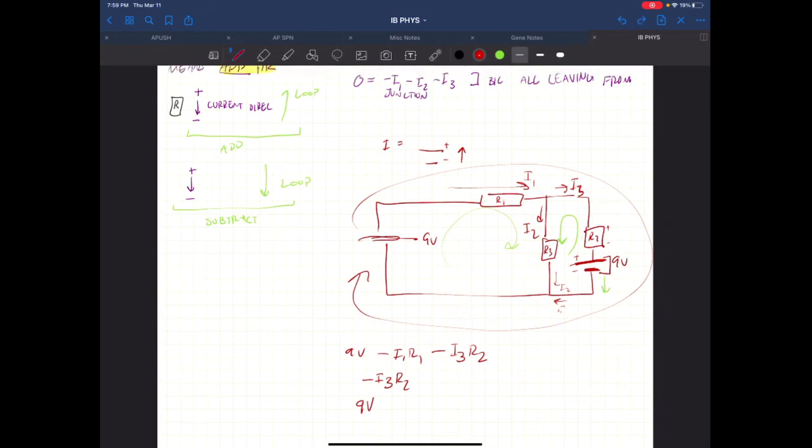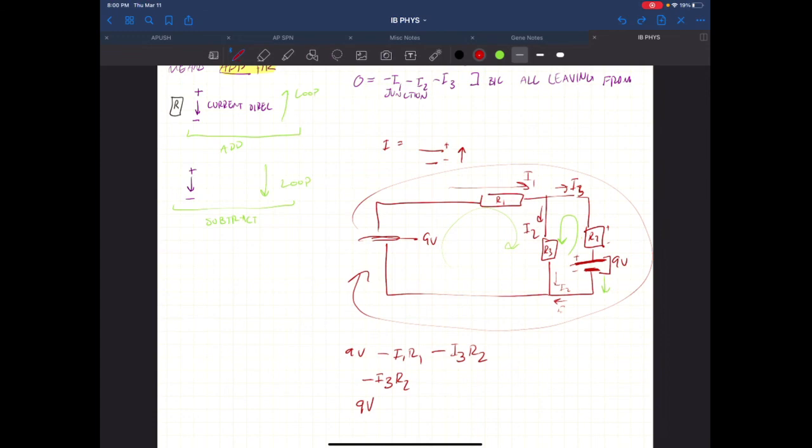Well, the thing is, if you're doing the loop like this, treat the direction that I3 is pointing as just a sign. If it's going the same direction, it's positive. If it's going the opposite direction, it's negative. For this loop, you're not working with any junctions here, so you're just doing it as one loop, and your current will be the same the whole way through, right?